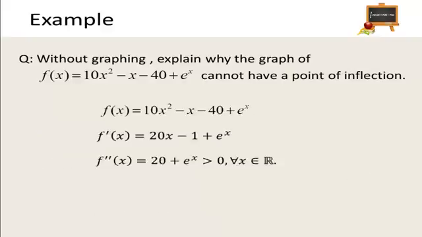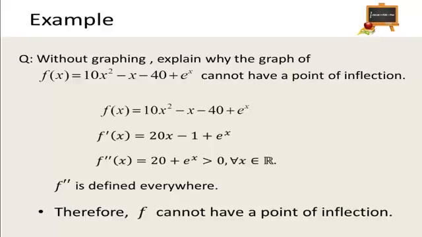You could see from these computations that the second derivative is always positive for all real numbers x, and it is defined everywhere. So we conclude that f cannot have a point of inflection, and you answered the question.